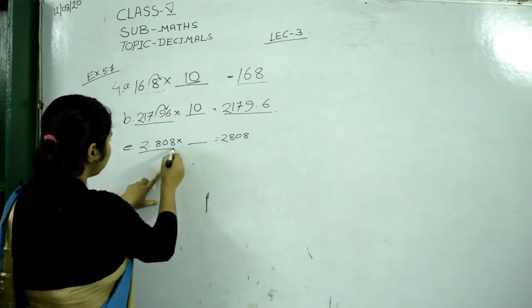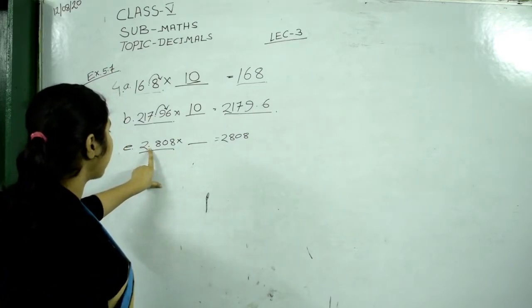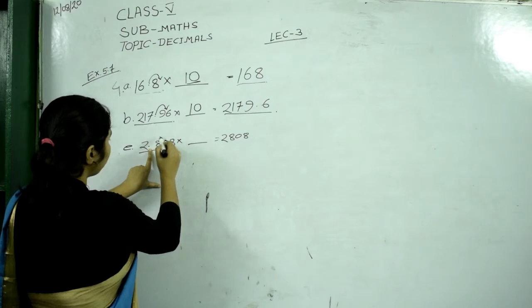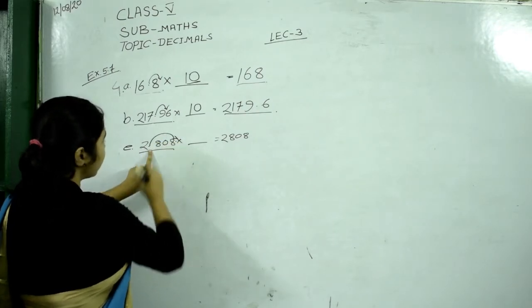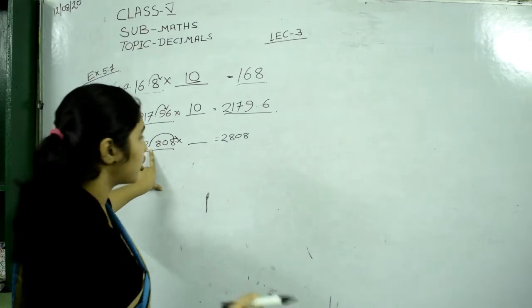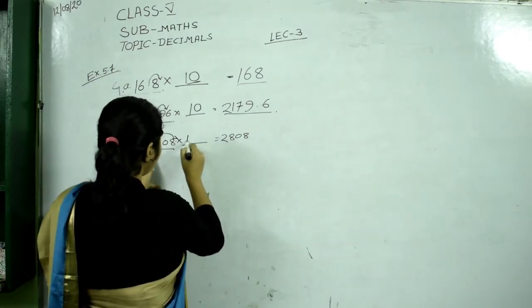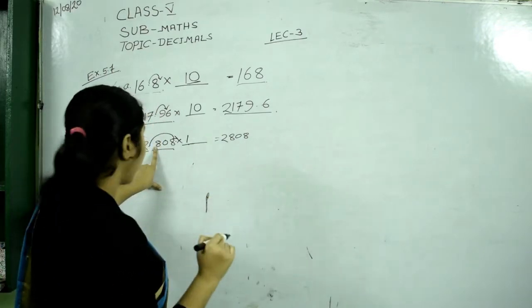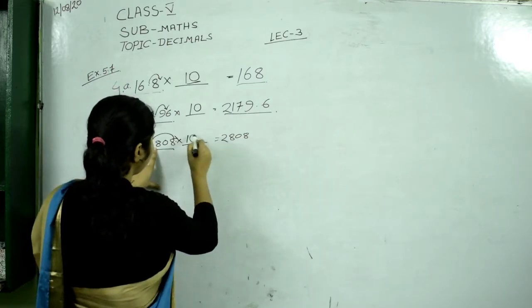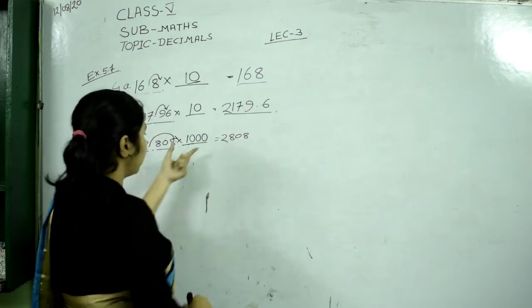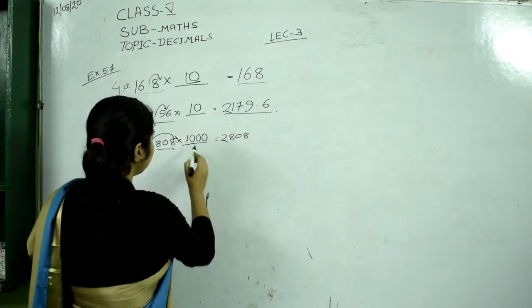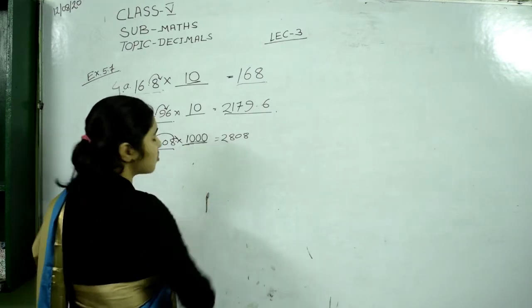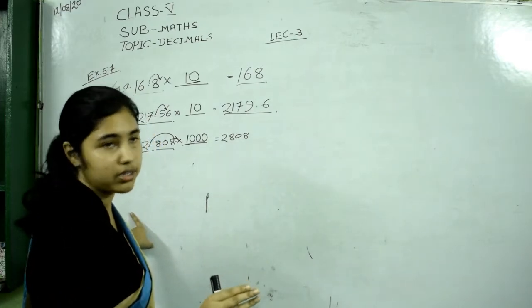Next, question number E. Here the point has shifted 1, 2, 3 decimal places, which means we have to multiply this 2.808 by 1000, because in 1000 there are 3 zeros followed by 1, right?